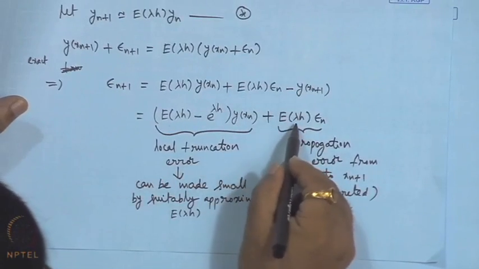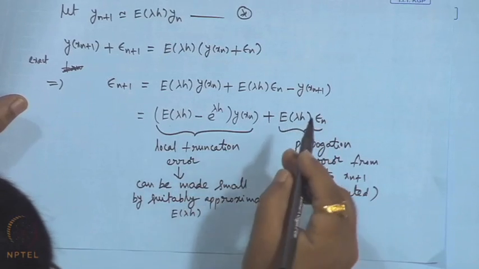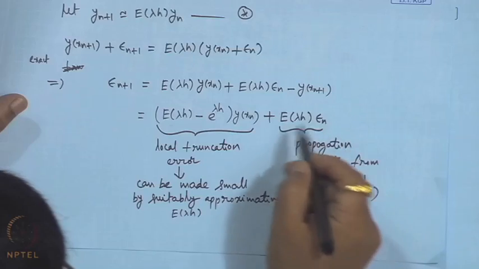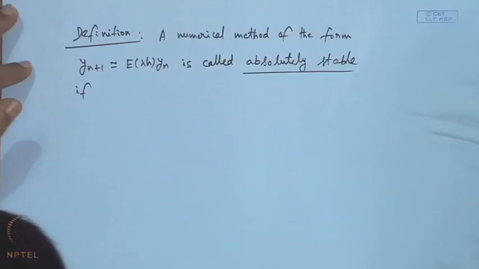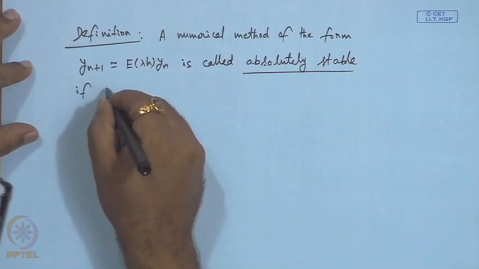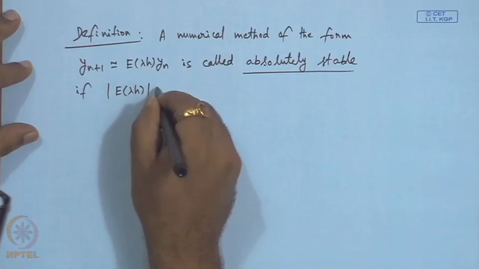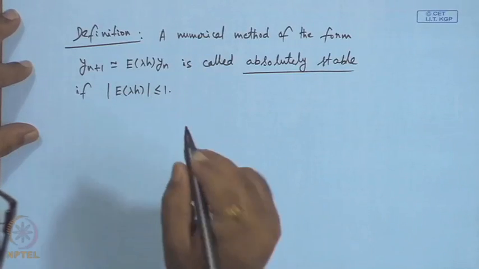This is the magnifying factor. So, this should not magnify to a large extent. That means, yeah, the modulus must be less than or equal to 1. So, if... okay.